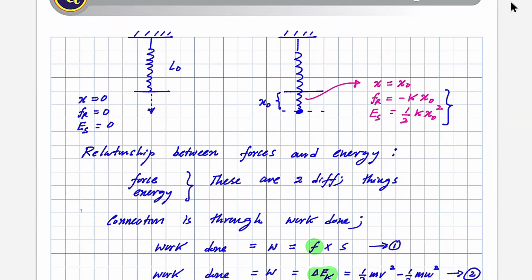The object is not moving in this situation. Can you understand? The object is stationary at the equilibrium situation, right? So the object is not moving here.